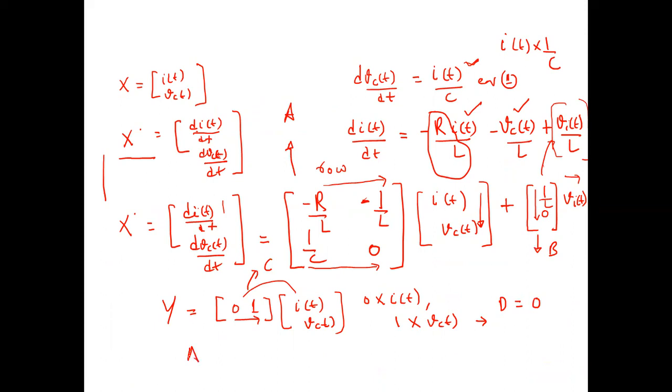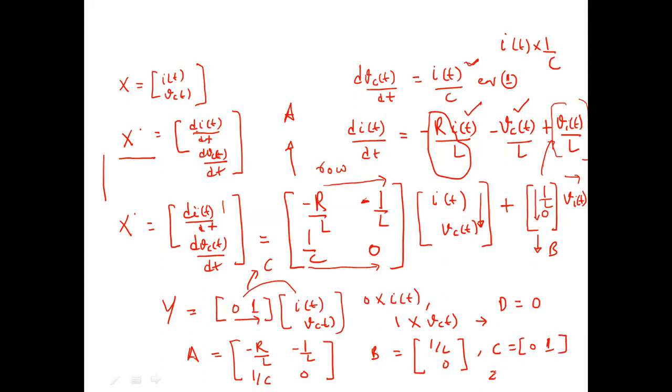So my A matrix would be equal to [-R/L, -1/L; 1/C, 0], and B would be equal to [1/L; 0], and similarly C is equal to [0 1], and my D value is straight away 0. So this is how I have expressed a differential equation of KVL and KCL in the form of state variables.